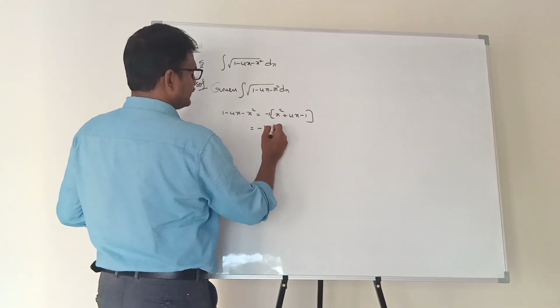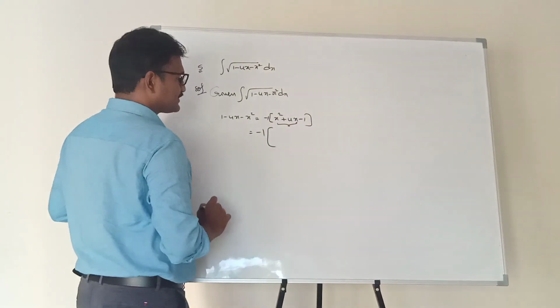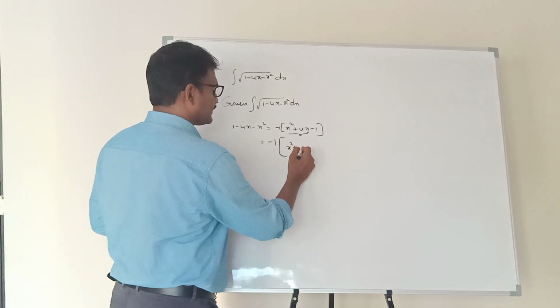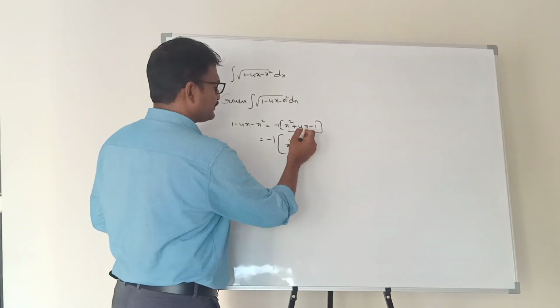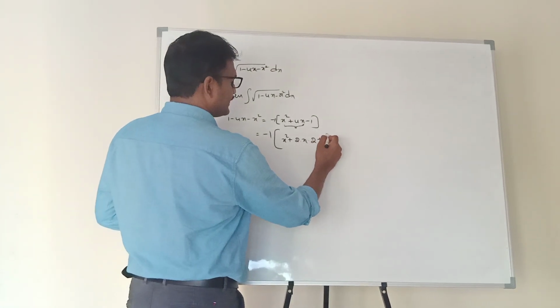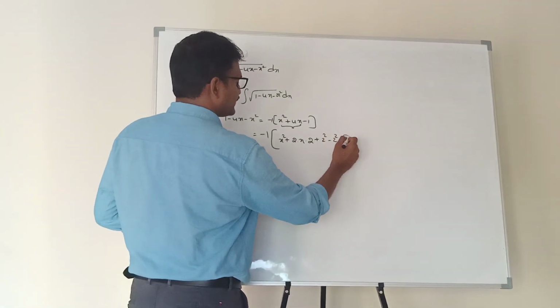So minus 1 into, write the first two terms as a plus b whole square. A plus b whole square means a square plus 2 into x into b; to get 4x, what should I write for b? 2. Plus adding and subtracting b square, minus 1.